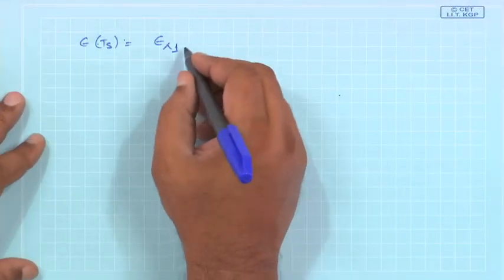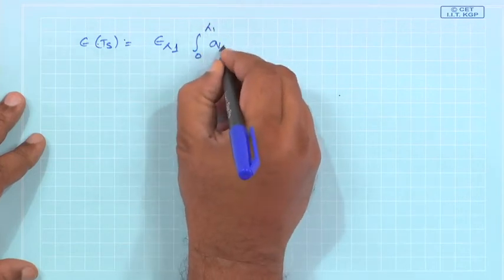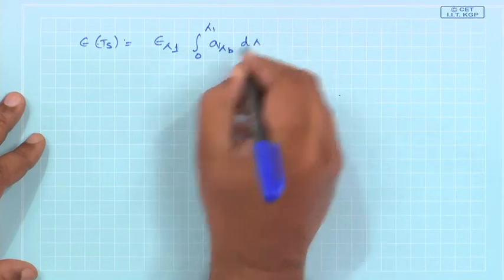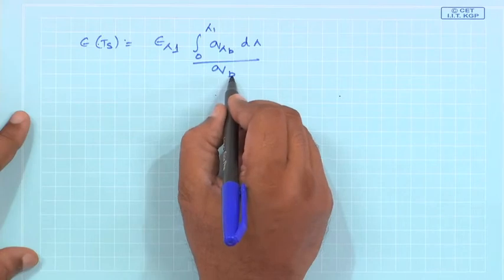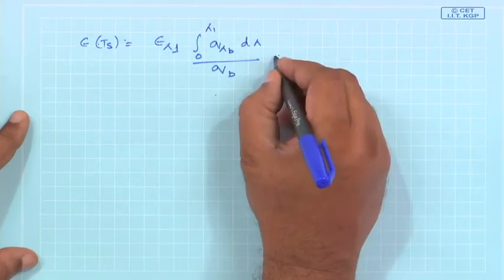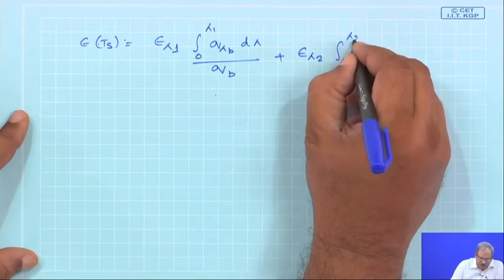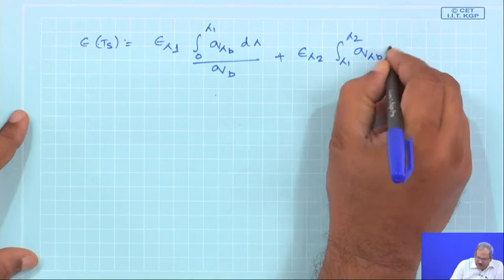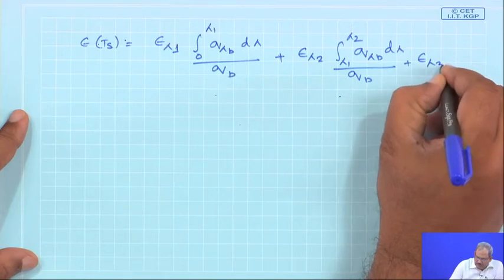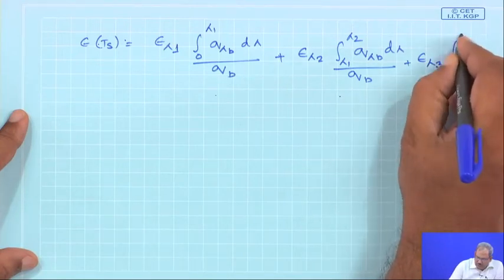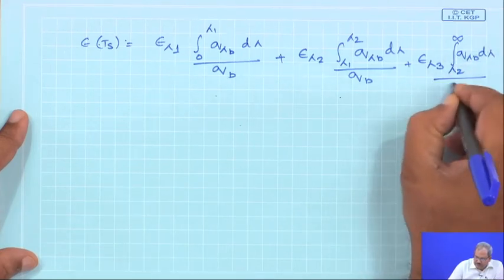This can be divided into the integral from 0 to lambda 1 of q lambda b d lambda by q b, where q b is the radiation emissive power of a black body over the entire wavelength, plus epsilon lambda 2 times the integral from lambda 1 to lambda 2 of q lambda b d lambda by q b, plus epsilon lambda 3 times the integral from lambda 2 to infinity of q lambda b d lambda by q b.